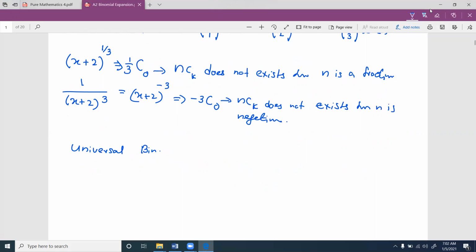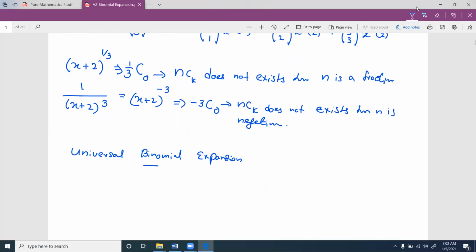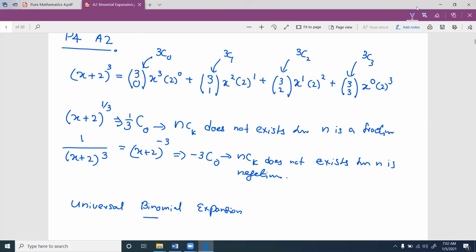This universal binomial expansion is valid for fractional powers, negative powers, as well as positive integers. Instead of this one, you can use this universal binomial expansion. It doesn't make a difference. That is why we call it the universal binomial expansion.